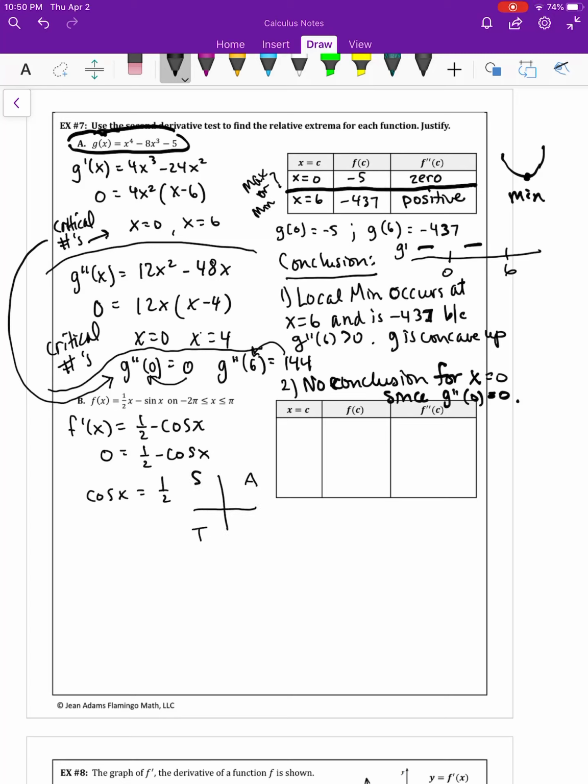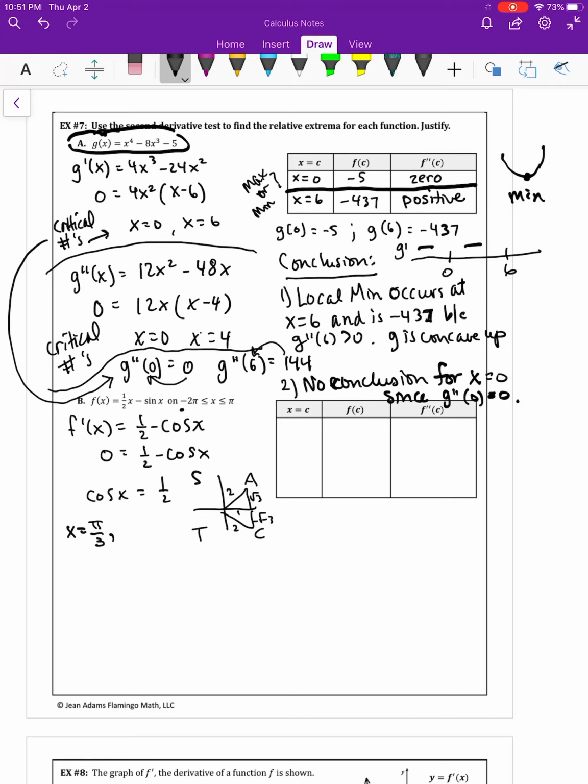So where is cosine positive? All students take calculus. They're all positive here, and cosine's positive in the fourth. And so that means cosine x = 1/2. This would be square root of 3 over 2, and this one's going to be negative square root of 3 over 2. A 60-degree angle is pi over 3.